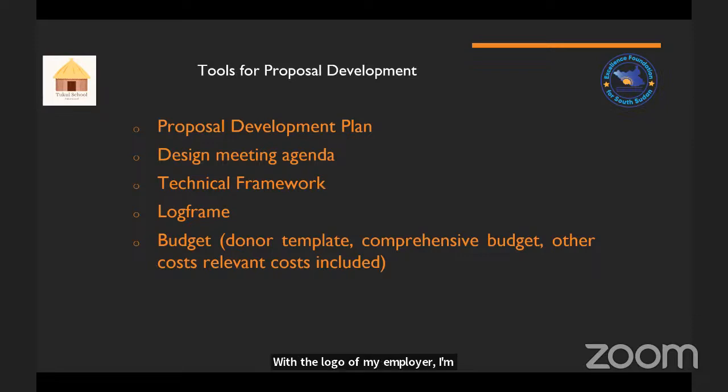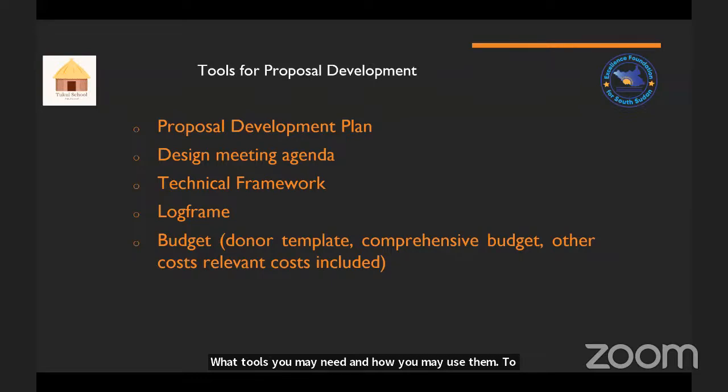I'm not legally allowed really to do that, but I can tell you as part of this training, I can mention to you what tools you may need, and how you may use them to make your proposal strong.